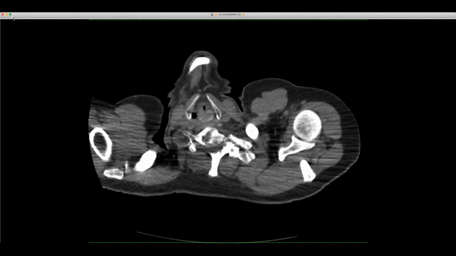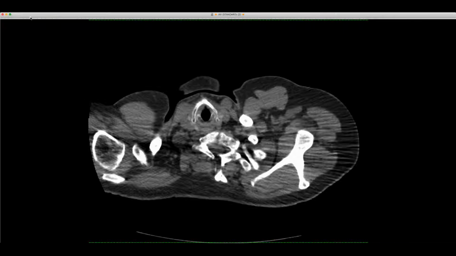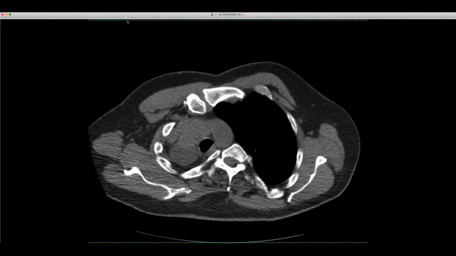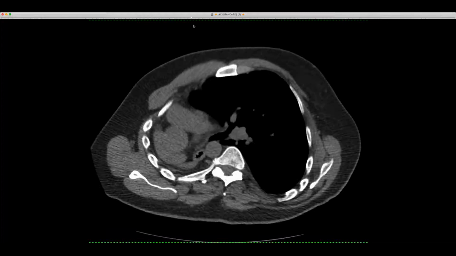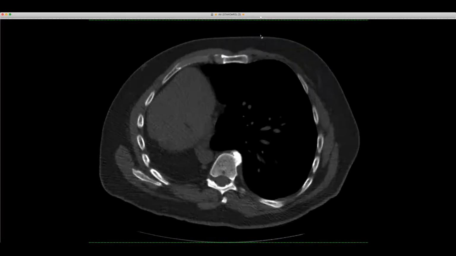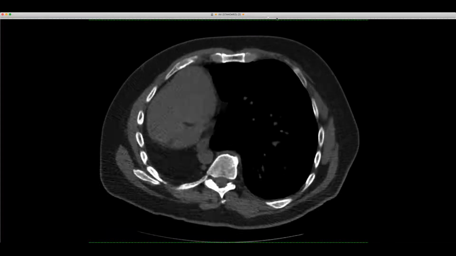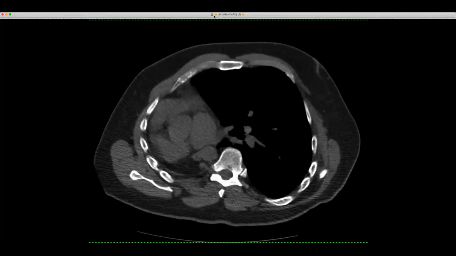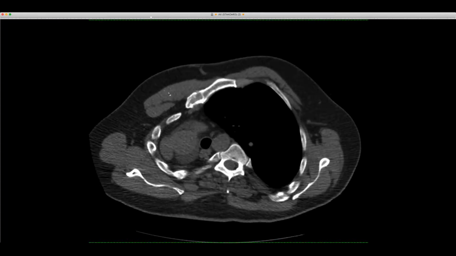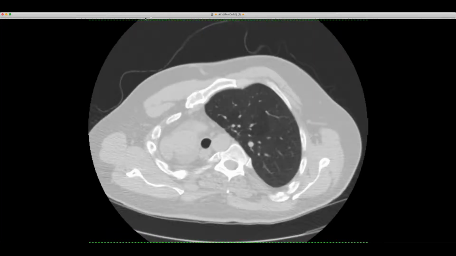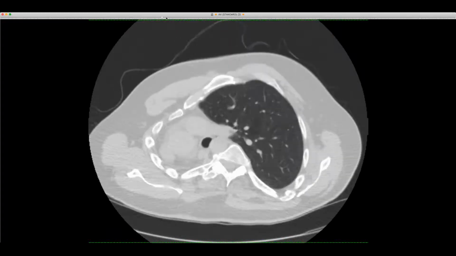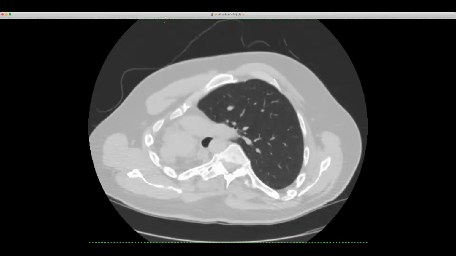This is, I believe, a 47-year-old man who came in with this, and scrolling through, you can see that the mediastinum is completely shifted into the right hemithorax, and there's no lung tissue whatsoever. There's no bronchial stump. Switching to the lung windows, we have no right lung. So a case of right lung agenesis.